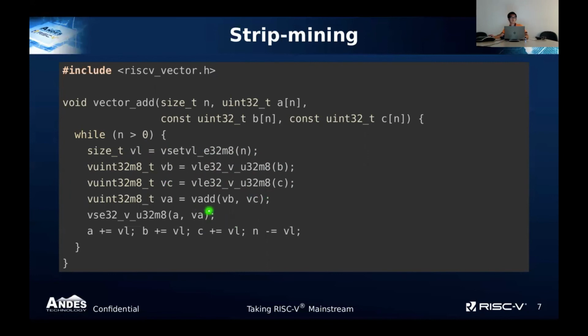Then we use the VADD instruction to add the VB and VC vectors together into VA, and store the VA vector back to the A array with the VSE function. Then finally, we bump the A, B, C pointers and decrease the n by the number of elements we have done in this iteration, and this completes the strip-mining loop.